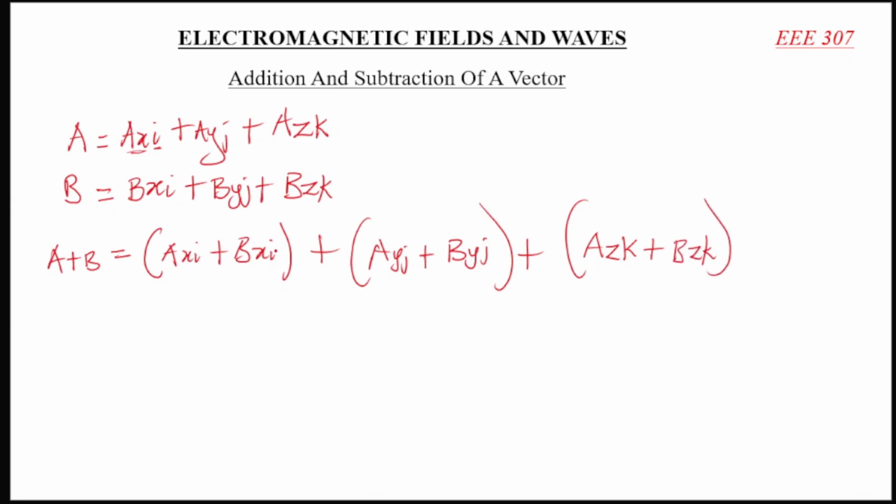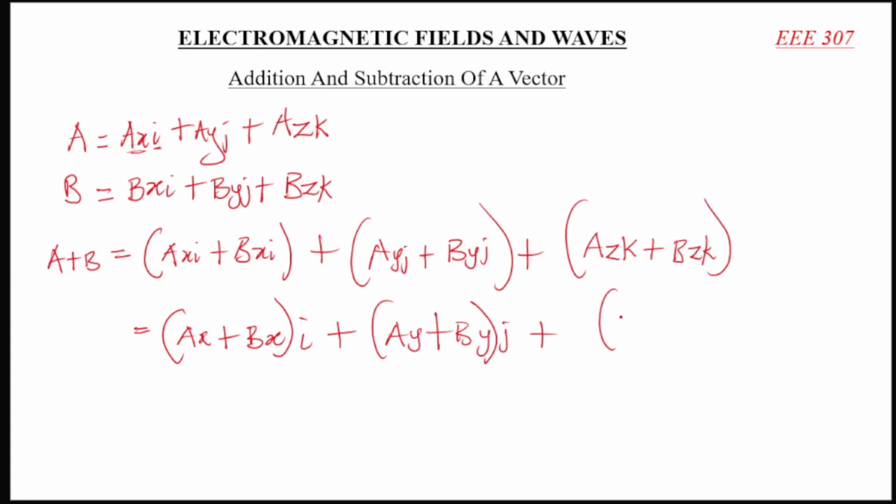So what are you seeing? We can see like terms. And what are the like terms? The unit vector here. So what we have here can simply be written as (AX plus BX)i plus (AY plus BY)j plus (AZ plus BZ)k.